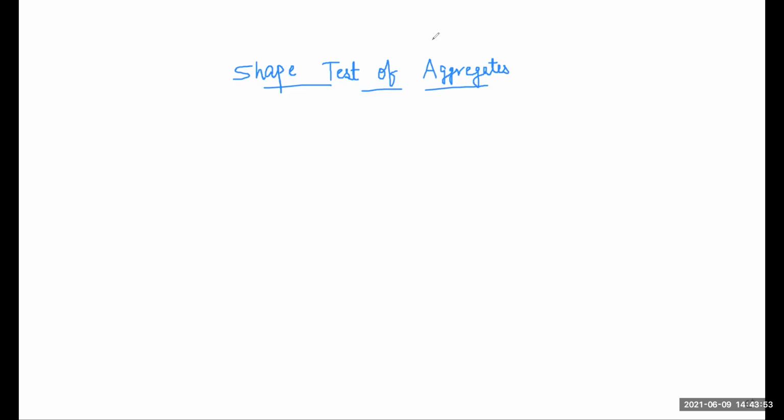Here I am discussing coarse aggregate, because I already discussed there are two types of aggregate: coarse aggregate and fine aggregate. Fine aggregate is sand type, and it is used in making mortar.